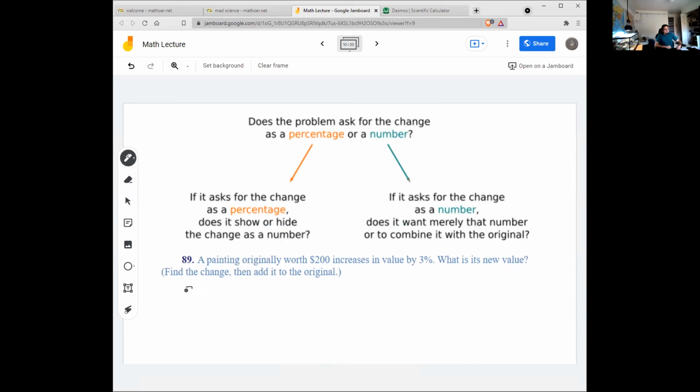I'll have to find 3% of 200. We're going out of percent.